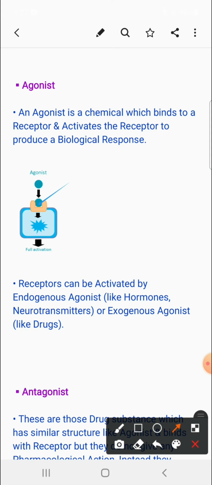Endogenous means inside the body, like a hormone or neurotransmitter, which binds to the receptor and activates it to show the pharmacological action. Exogenous means a drug taken from outside the body. If that drug binds to the receptor at the binding site and activates it, it will give the pharmacological action.